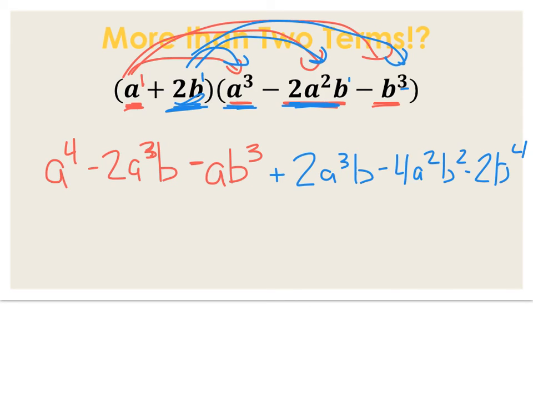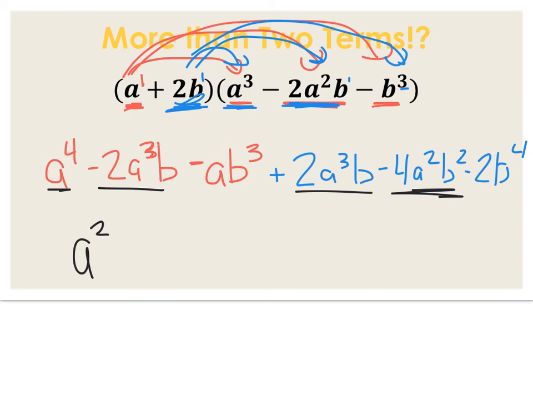Now I want to combine my like terms. Let's see if I have any. I have this a to the fourth, no other a has an exponent of 4, so he comes first. Now I'm looking, this is a to the third, and this is a to the third. But when I add those together, negative 2 plus 2, those cancel each other out, so he's gone. Do I have any a squareds?